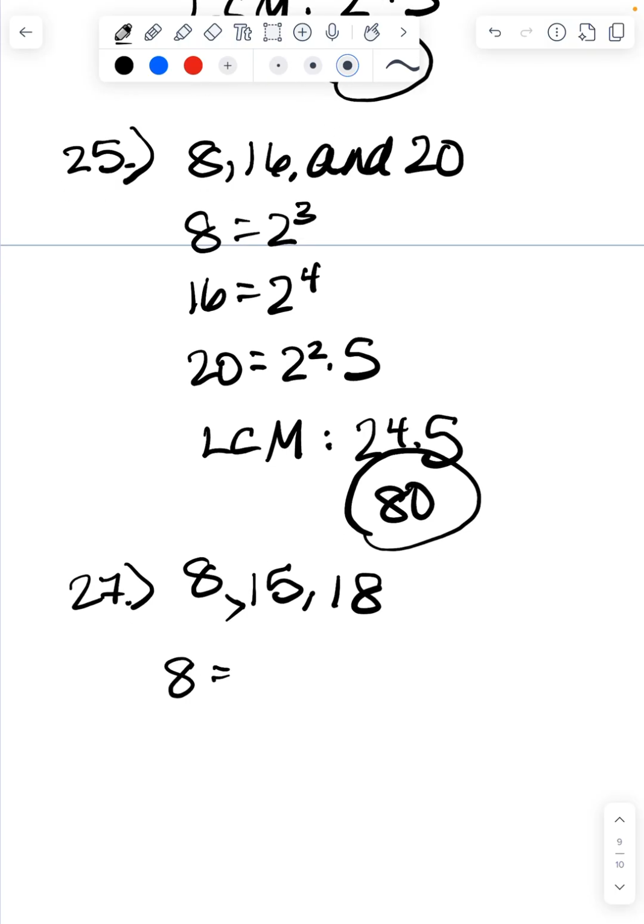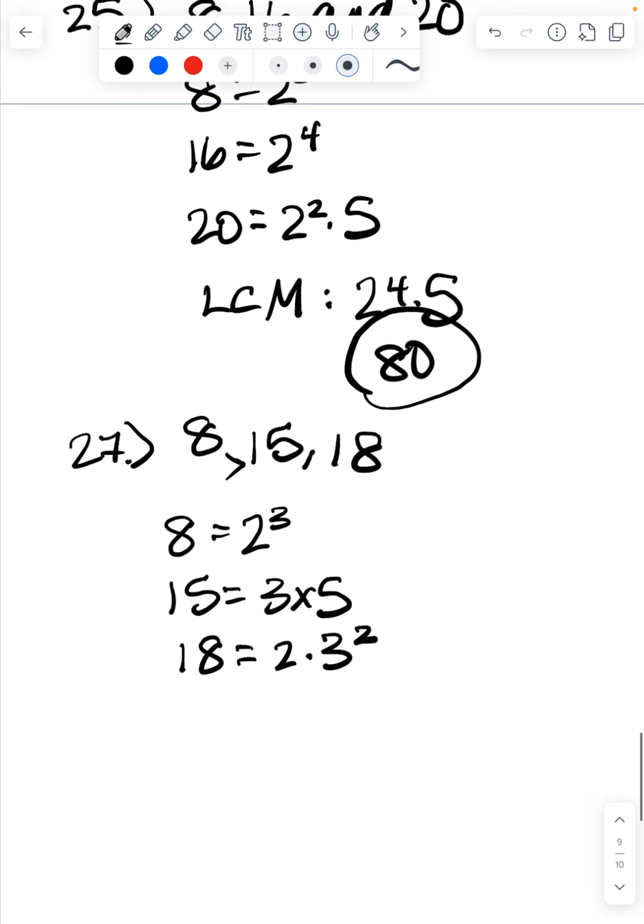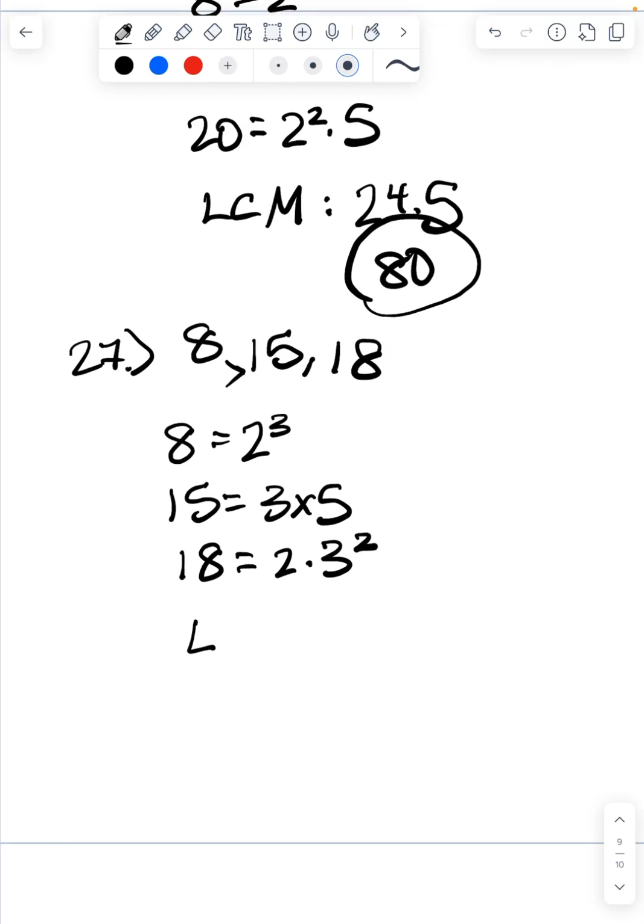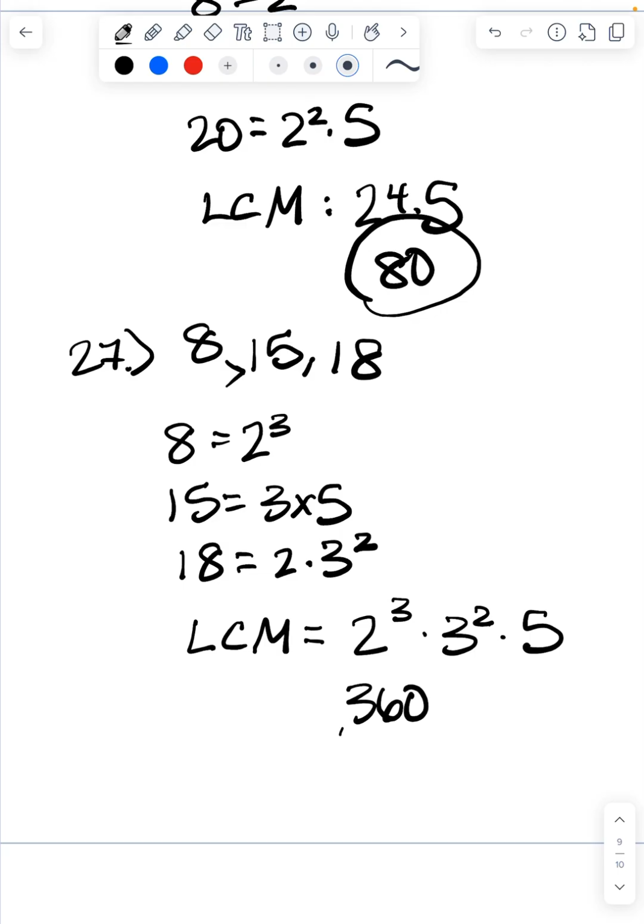All right, again, 8 is 2 cubed, 15 is 3 times 5, 18 equals 2 times 3 squared. So the LCM is 2 cubed times 3 squared times 5, which is 360.